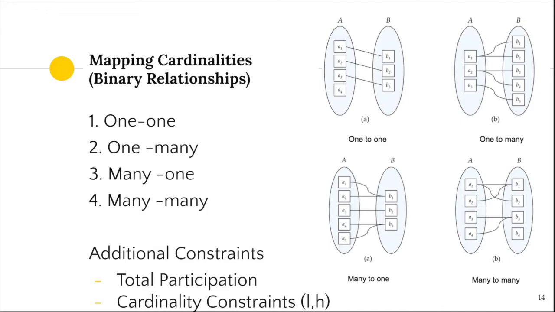So, if we have a binary relationship, one way to visualize binary relationships is by representing it using sets and connections between elements in both sets. So we have four different types of binary relationships, and it is illustrated on the right figure. We have the one-to-one, one-to-many, many-to-one, or many-to-many.